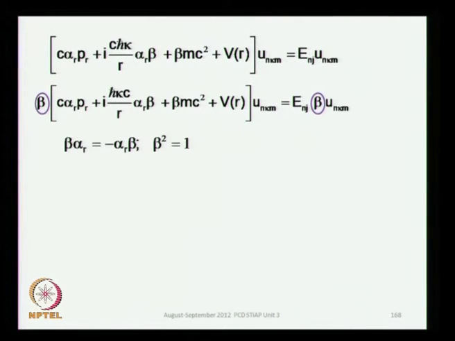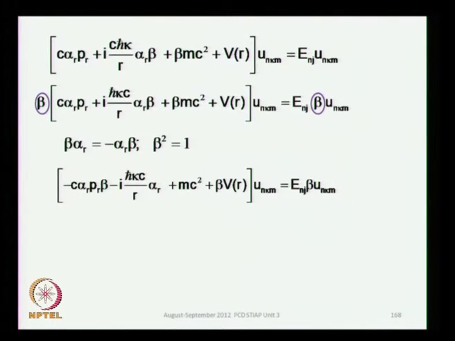So, you will get some simplification coming from those terms. Likewise, in the third term you will have beta square m c square, and beta square is equal to 1. So, you will get good bit of simplification. So, here I have beta moved to the right of alpha. So, I have a minus sign here. The beta square in this term goes to 1, same thing over here. Then you have beta V(r) and beta u.